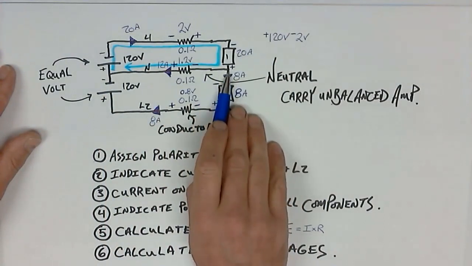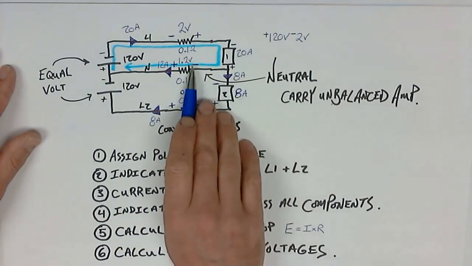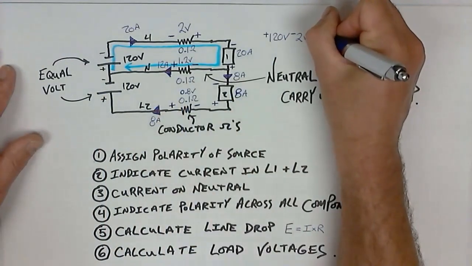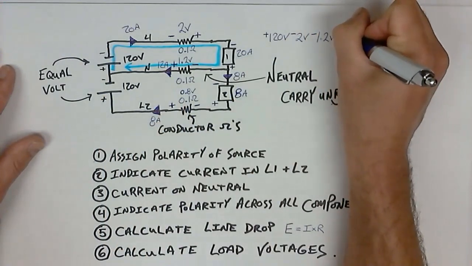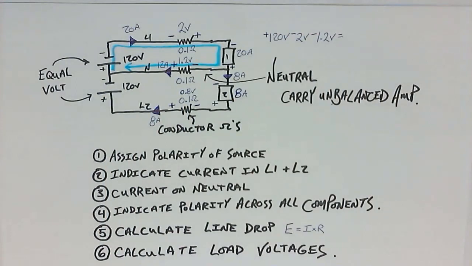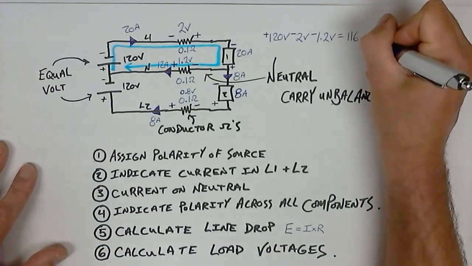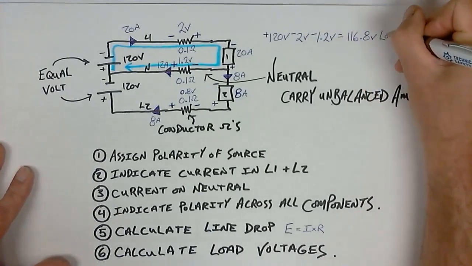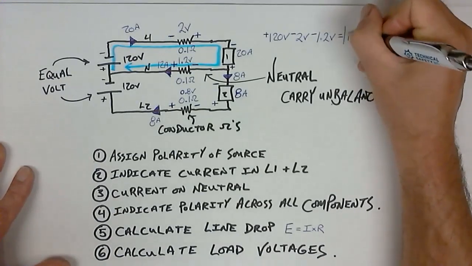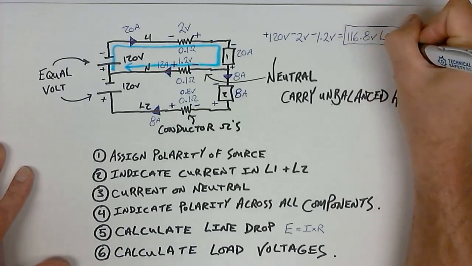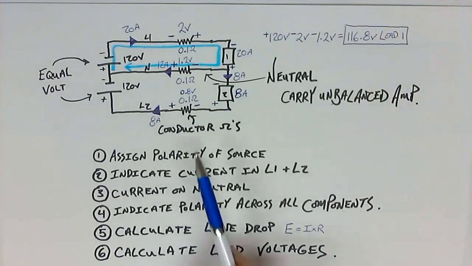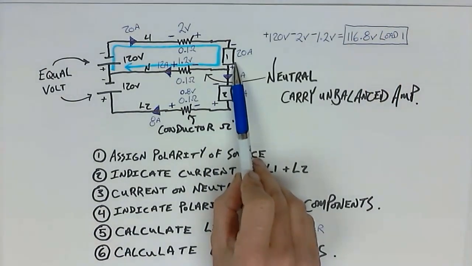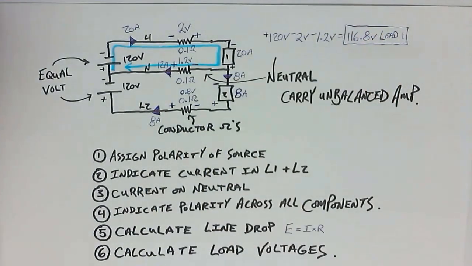We don't know this yet, so we continue on. Negative 1.2 volts. I take all three of these voltages, 120 minus 2 minus 1.2, gives me 116.8. This is the voltage of load 1, which is right here, 116.8 volts.